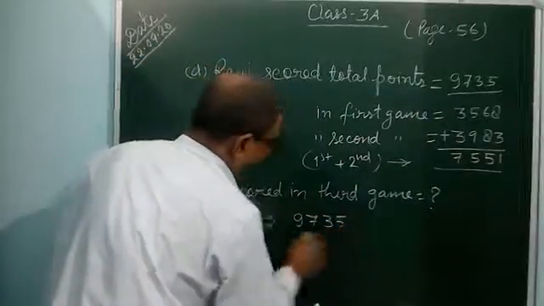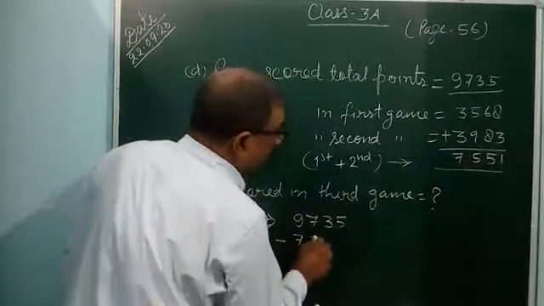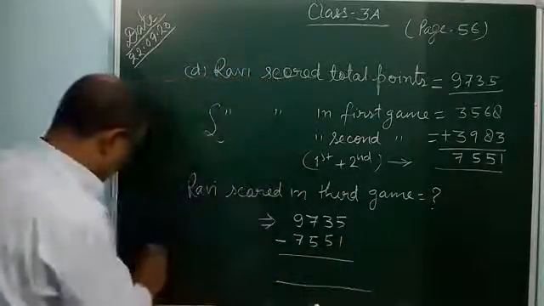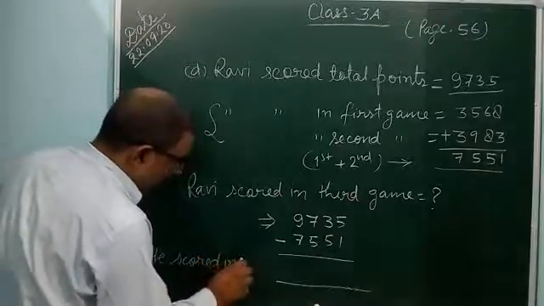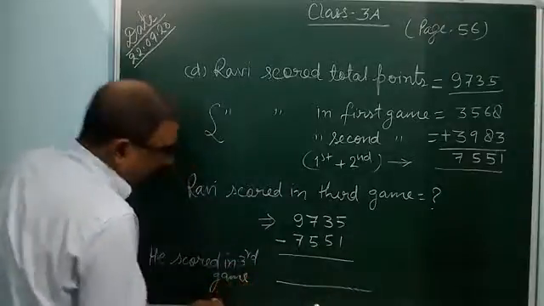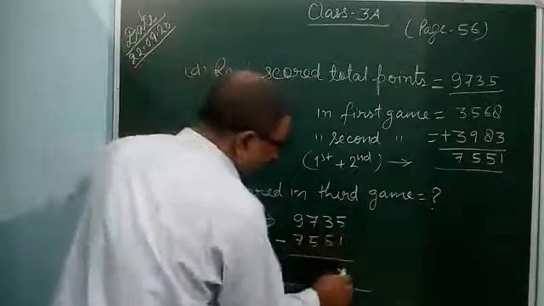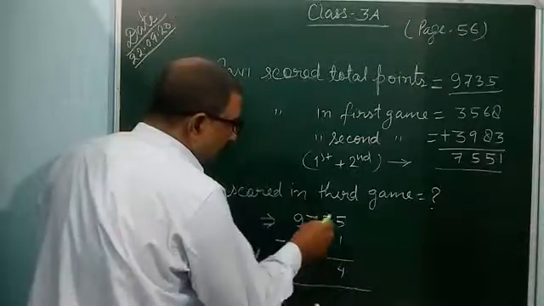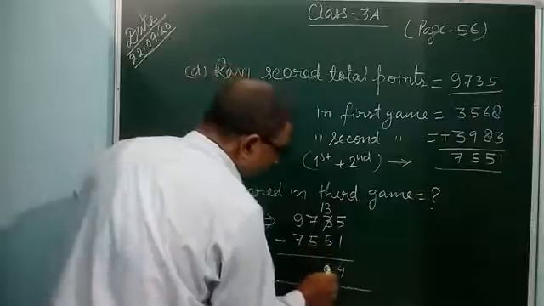In the third game, from the total points 9,735 minus 7,551 you can subtract. So what he scored in the third game? 5 minus 1, 4. 3 minus 5 cannot be subtracted, so it will borrow from 7. It will be 13. 13 minus 5, 8.